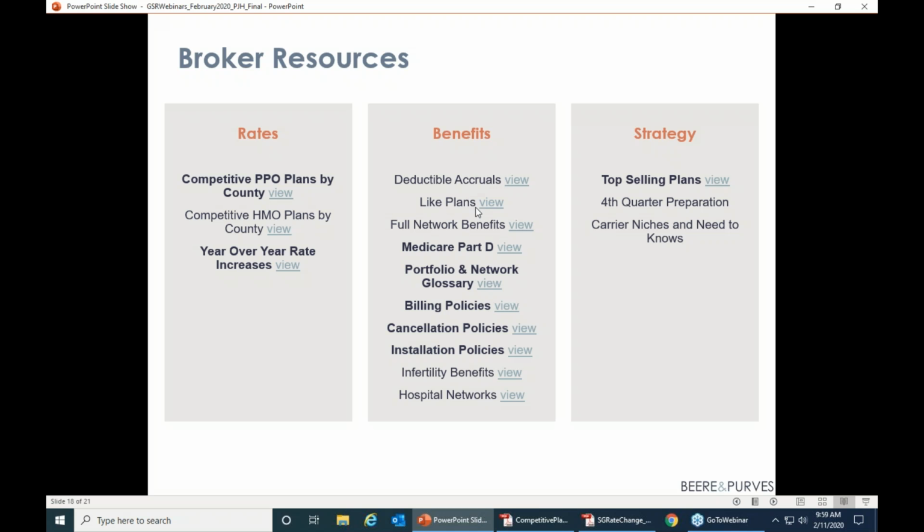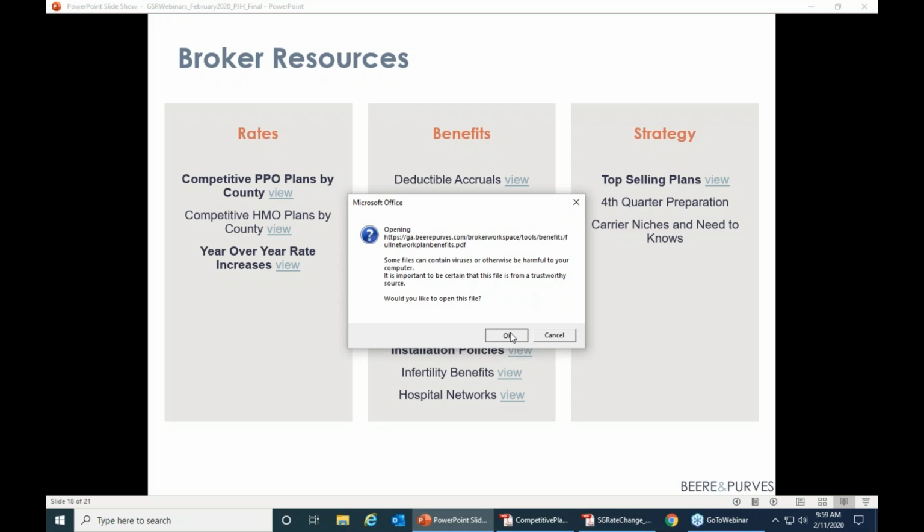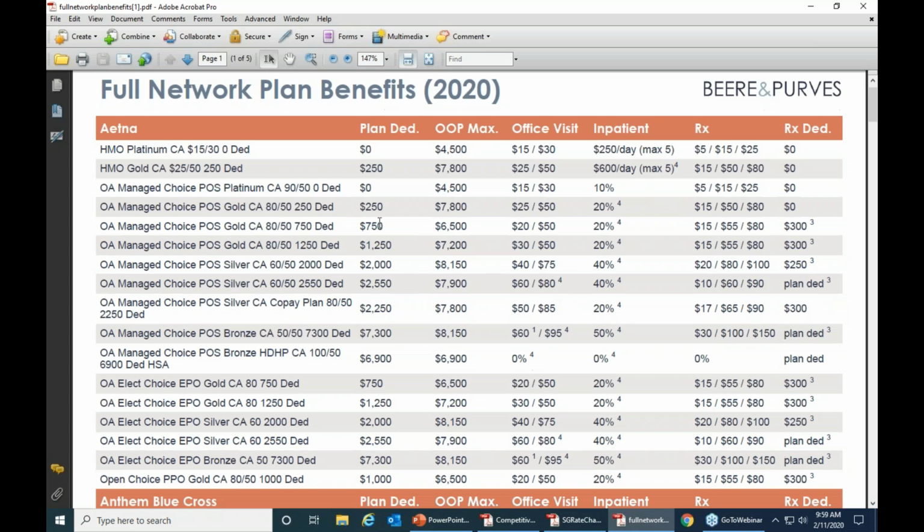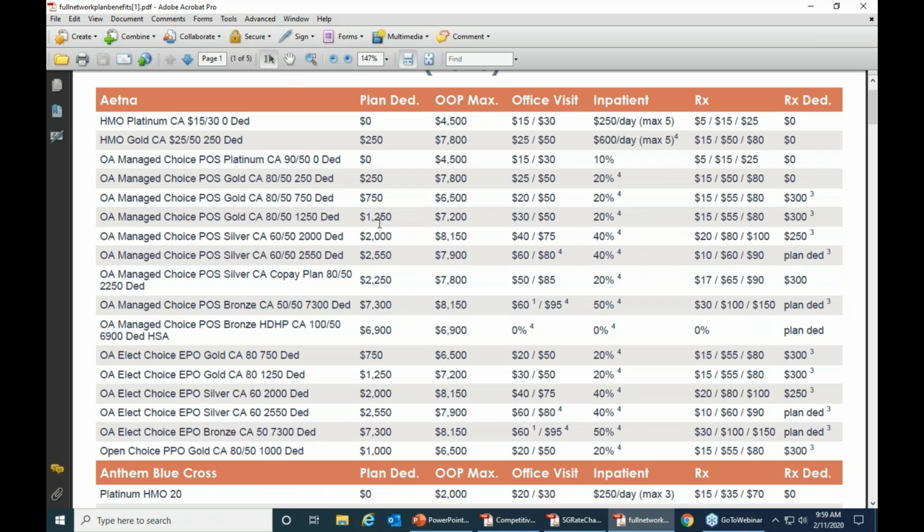The other thing we wanted to share with you is if you have a full network benefit, the way this works is these are all the full networks. These are the ones that were most commonly quoted in 2020. And so you can see immediately for each carrier, these are their full benefits. These are the plan deductibles, out-of-pocket max, office visits, and that is your primary care doctor, your specialist, the inpatient hospitalization, RX, and is there an RX deductible?